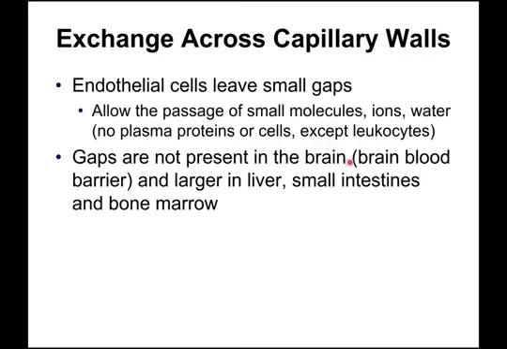You want to keep your brain very well separated from your blood system. They're much larger in the liver, where the blood gets ultimately filtered and purified, and in the small intestine and bone marrow. So the size of these gaps can change greatly depending on the location of the capillaries.